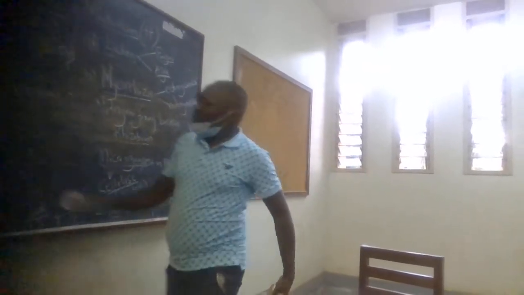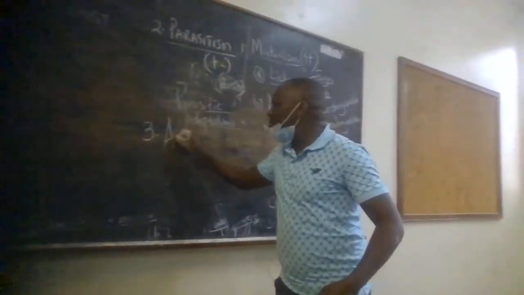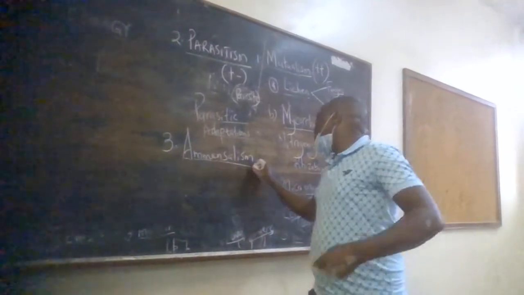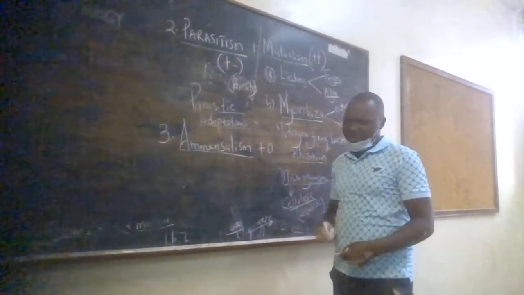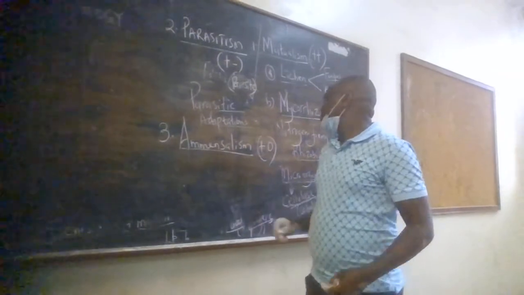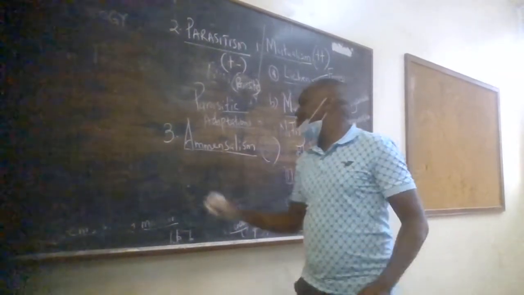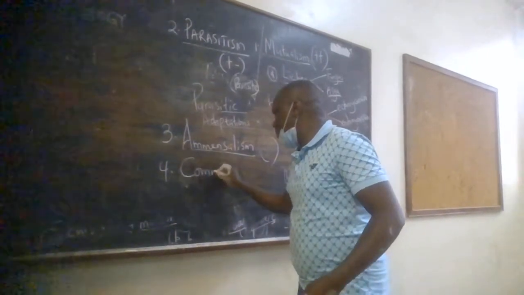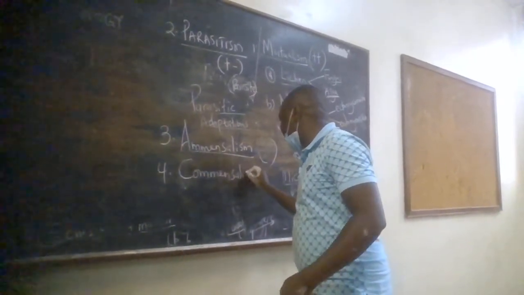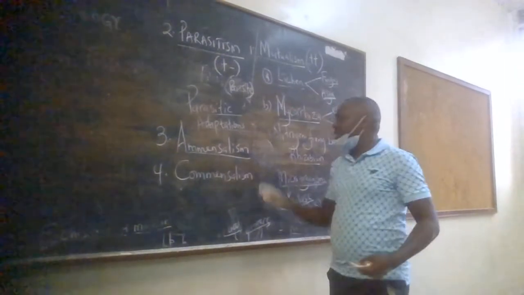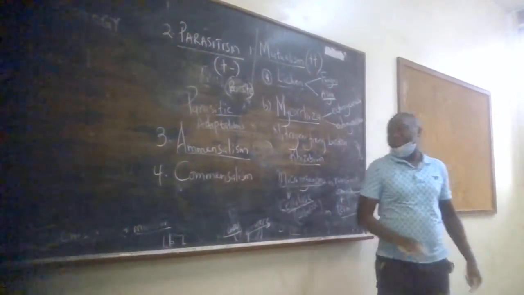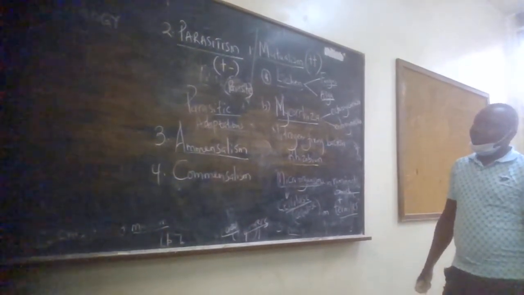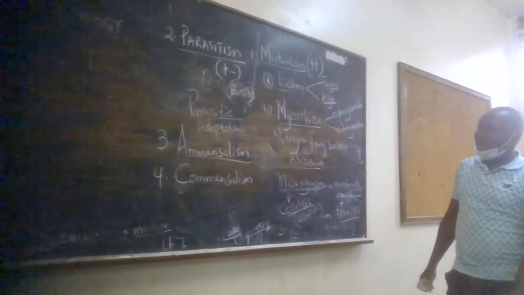You will also read about amensalism, which is +0, and also commensalism. I will not tell you whether it's +0 or +-. Read about them, and support your write-up with some examples.